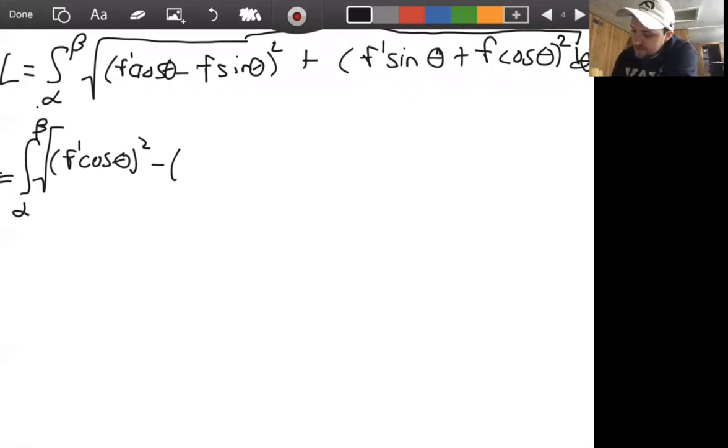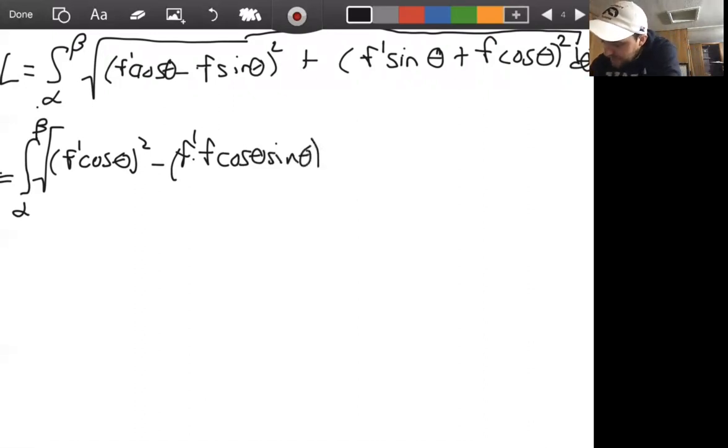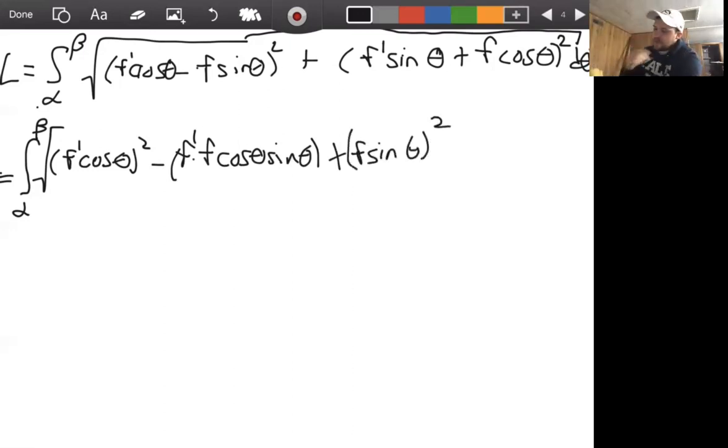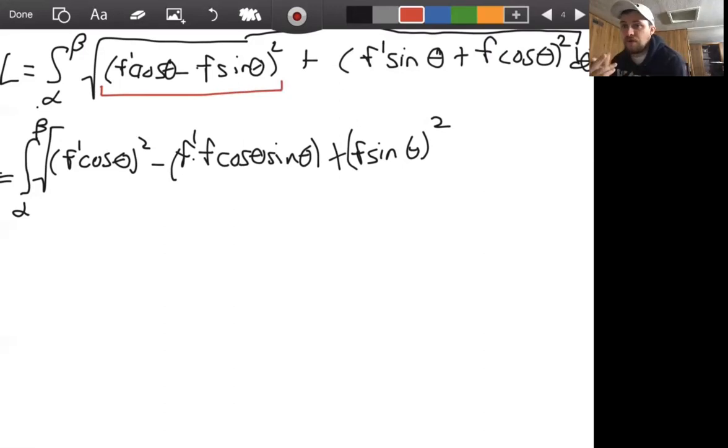So that's minus f prime times f times cosine theta times sine theta. And then the last term is plus f sine theta quantity squared. So this is what happens when you FOIL dx d theta, right? When you have dx d theta squared, you FOIL that piece out. This is the result right here.